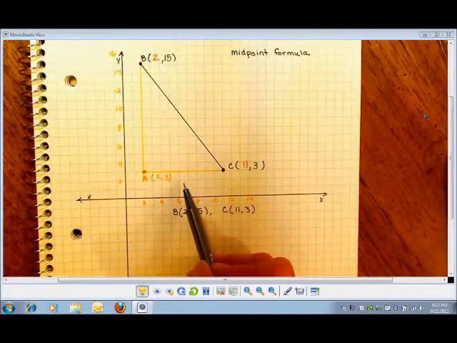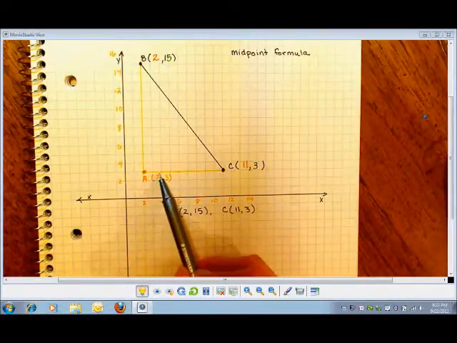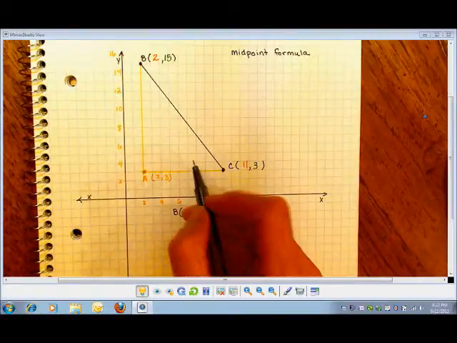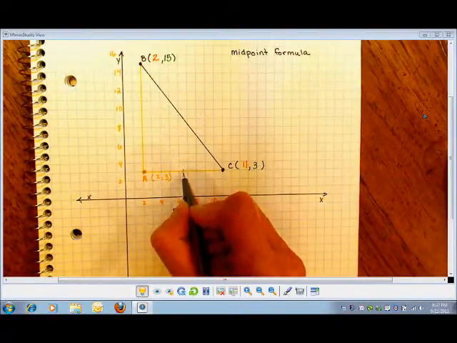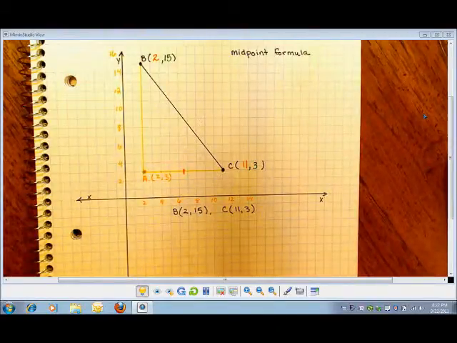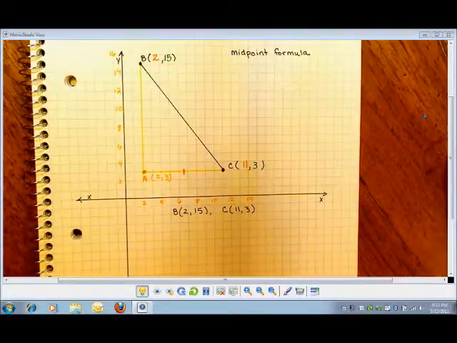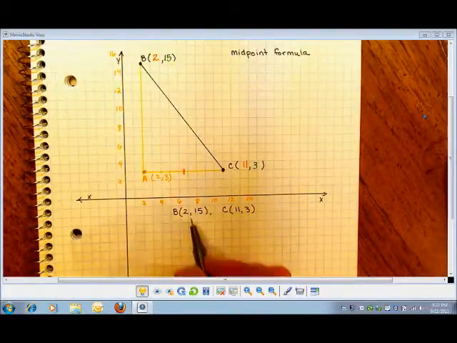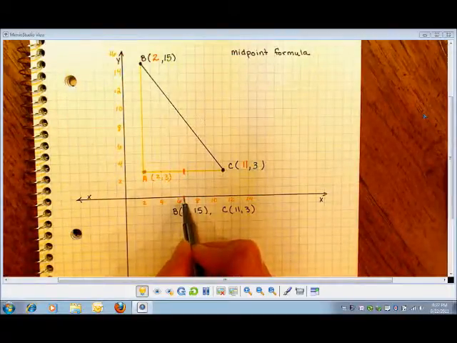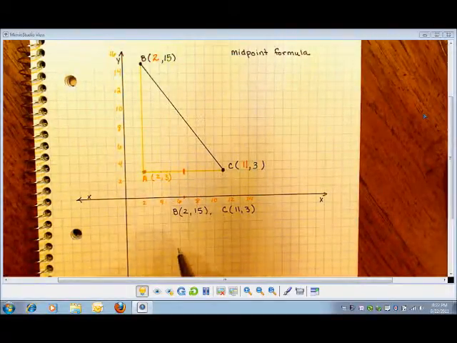Halfway would be 4 and a half, so I'm going to go 1, 2, 3, 4 and a half. My midpoint for AC would be right there at the line. I'm not really concerned about the coordinate right now, we will be in a minute. It's right here, which is actually at 6 and a half.